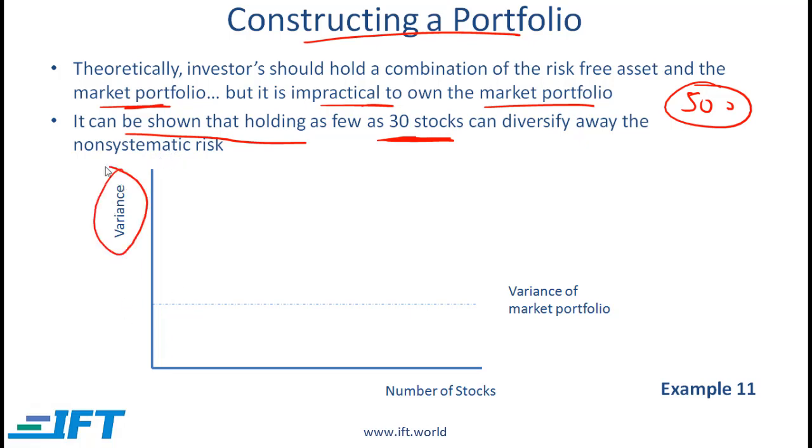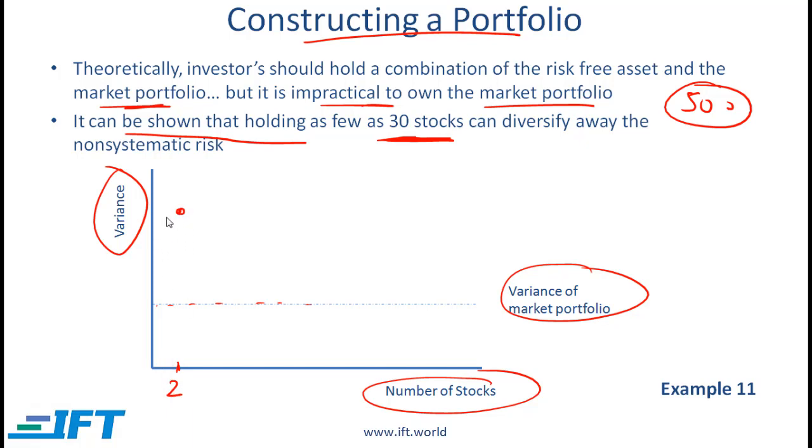If you look at this graph, we have variance on the y-axis, number of stocks on the x-axis. This point here represents the variance of the market portfolio. If you have a portfolio with just 2 stocks, then it will have a relatively high risk.